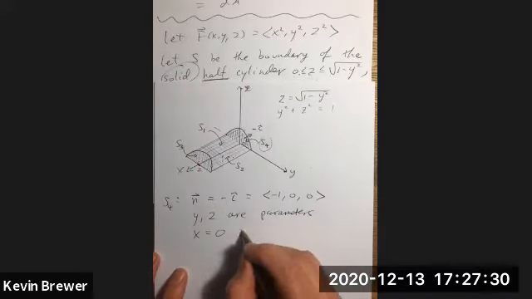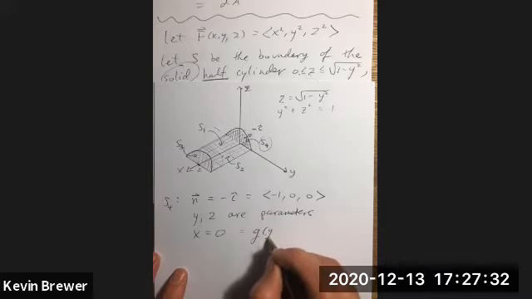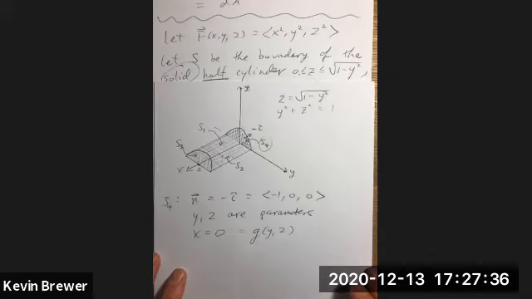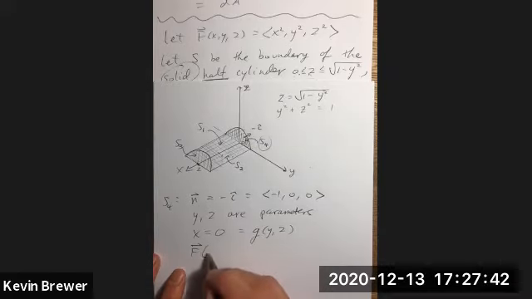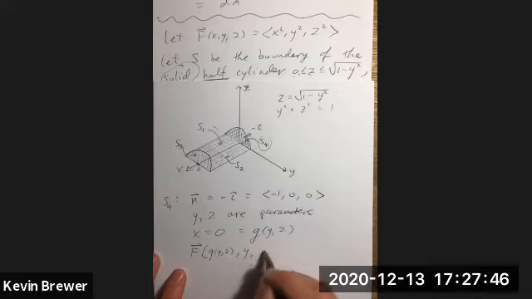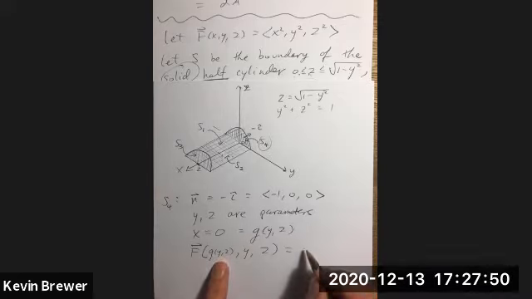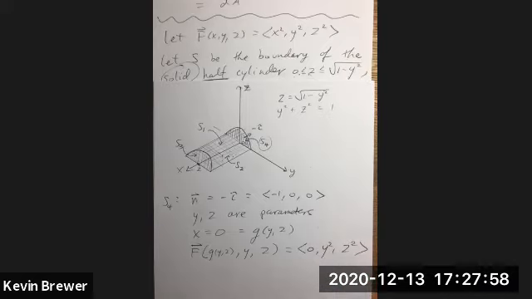And really we're thinking of this as the function of Y and Z. So then we're looking for F of G of Y, Z, Y, and Z. So that's 0, and then Y squared and Z squared.